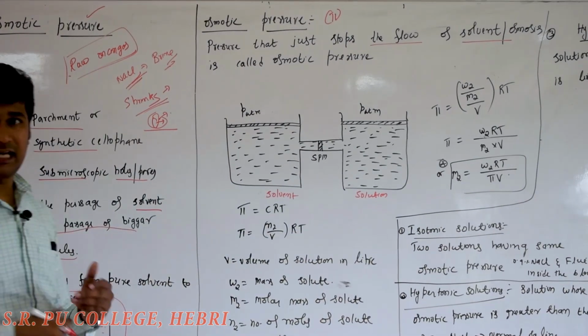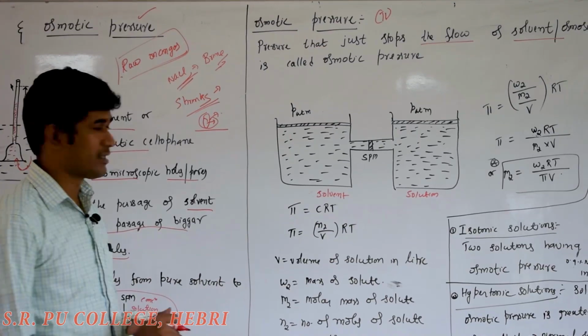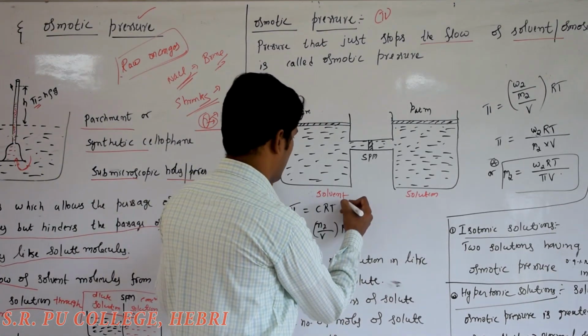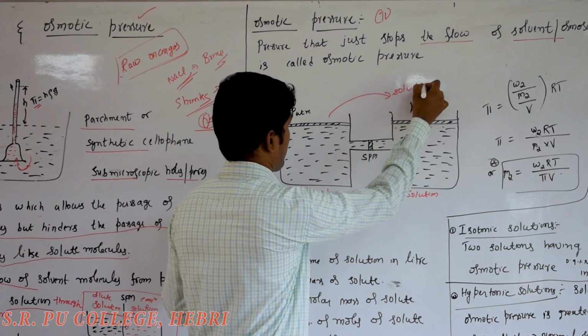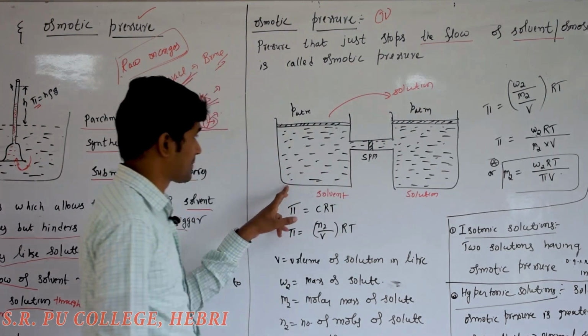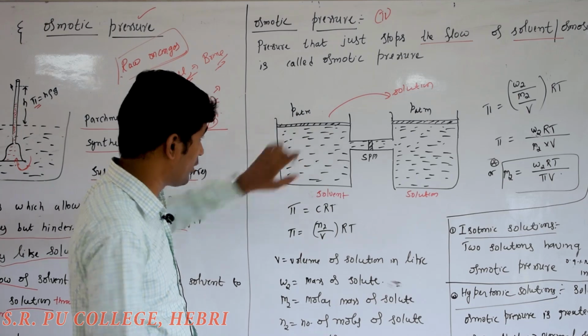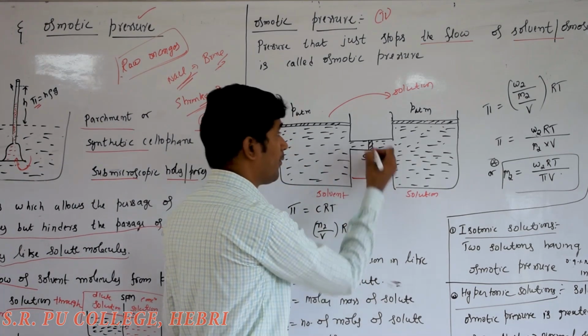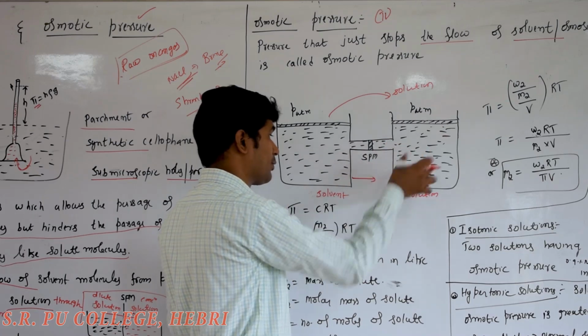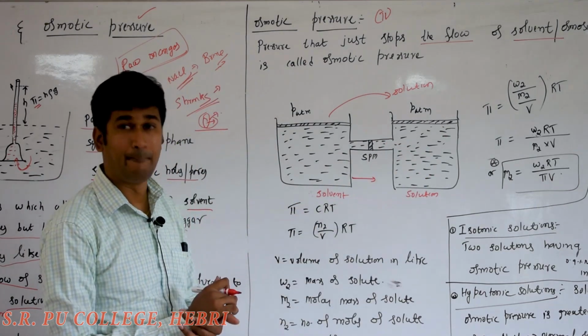Now what's the direction of movement of solvent molecules? Solvent molecules move from solvent to solution side. Is it correct? The solvent molecules move from this side to this side. This is the direction of movement of solvent molecules through the semi-permeable membrane.